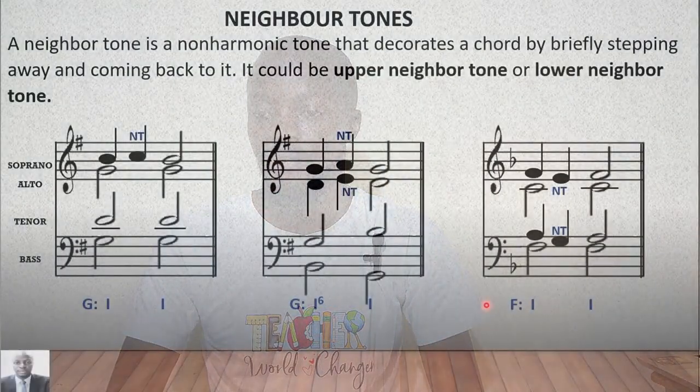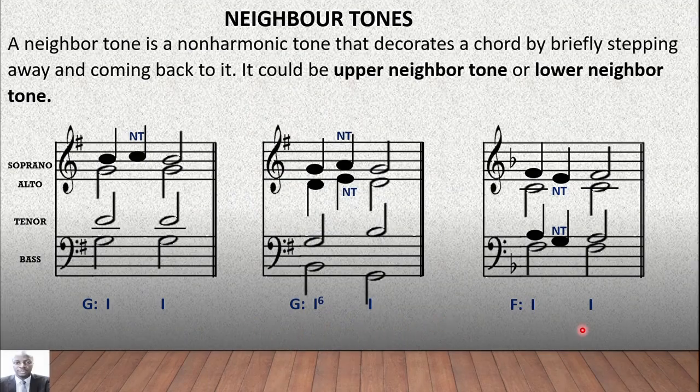We can have neighboring tones in this arrangement. The question is, do we really have a consecutive here? Yes, of course, we have a consecutive fifth here, but is it a fourth? No, because we are still progressing from the same chord. But it becomes a fourth if we are progressing into another chord.